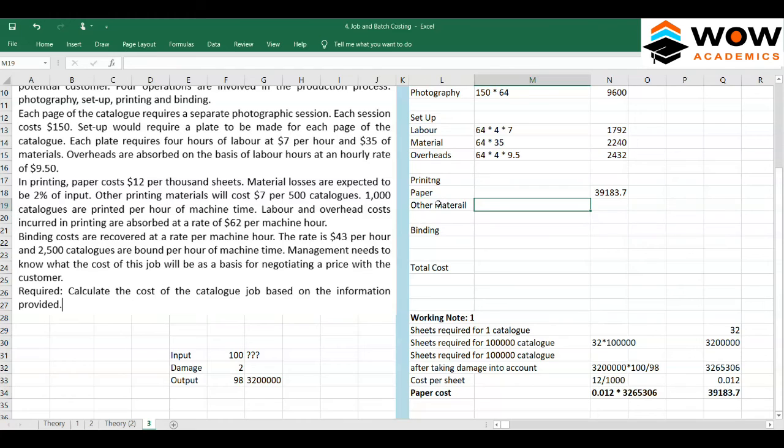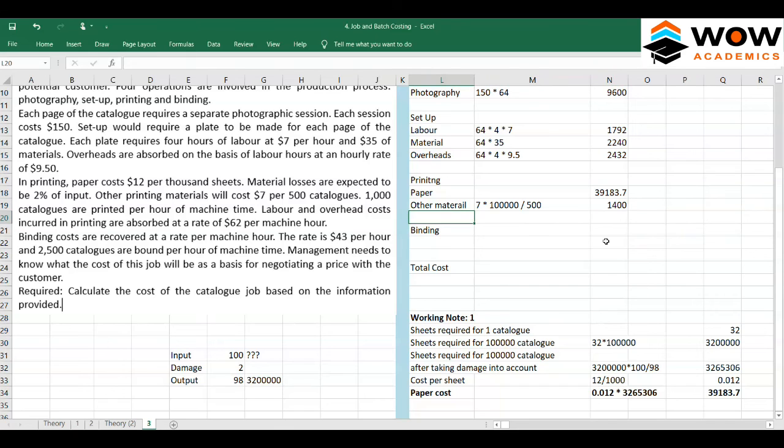Okay, we have to pay $7 for every 500 catalogs. So totally we make 1 lakh catalogs, and for every 500 catalogs we have to pay 7. Okay, so that comes to 1400. So anything else left?